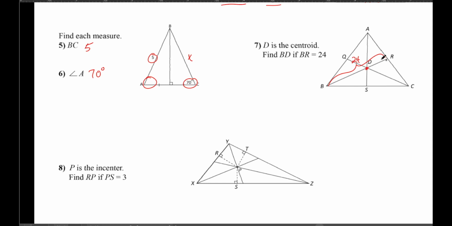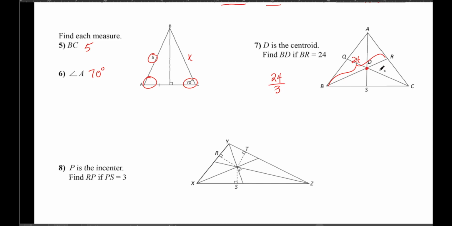So here's how I would do this. They give you the whole length. So when they say this is a centroid, the little part right here, this DR, is 1/3 of the whole thing. So what's 1/3 of 24? How do I take 1/3 of it? I just divide by 3.